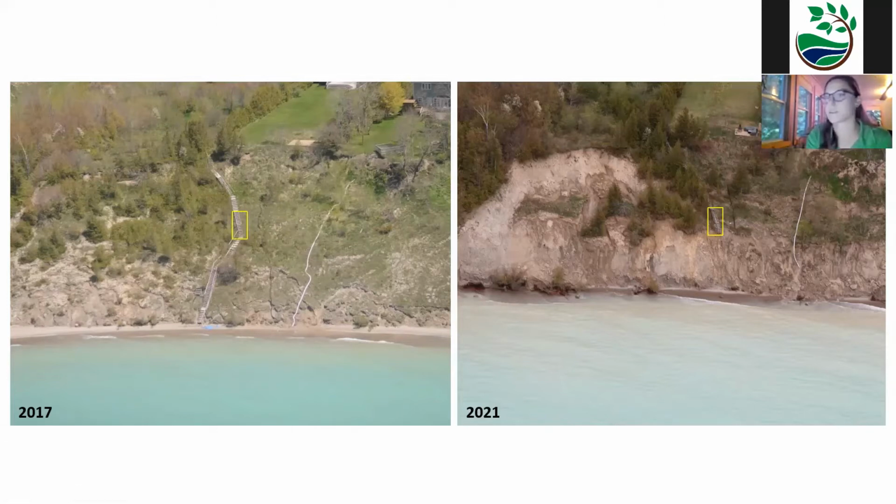So just kind of pointing those out so you can better take a look and compare what has been lost. So the staircase, for example, and then this tree I pointed out. So in this area, about 12 meters, so 39 feet horizontally have eroded from the bottom of the bluff.